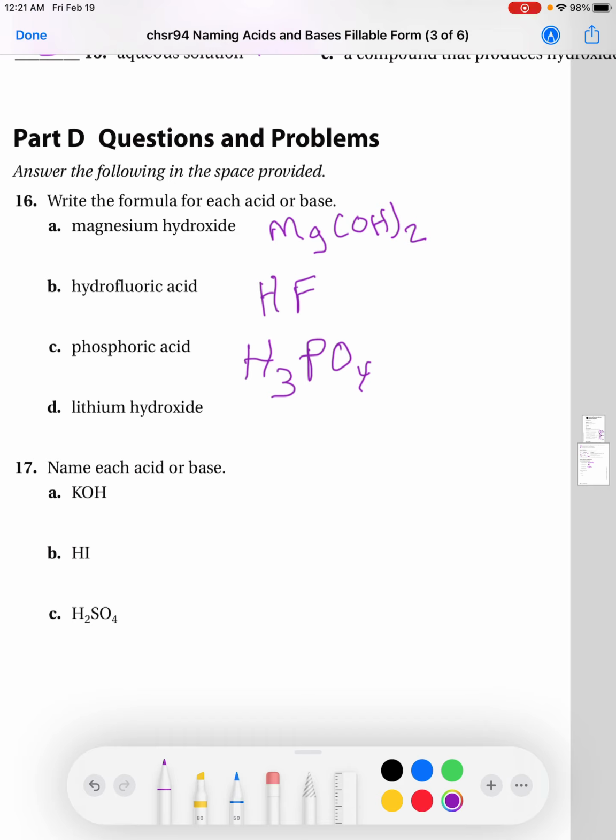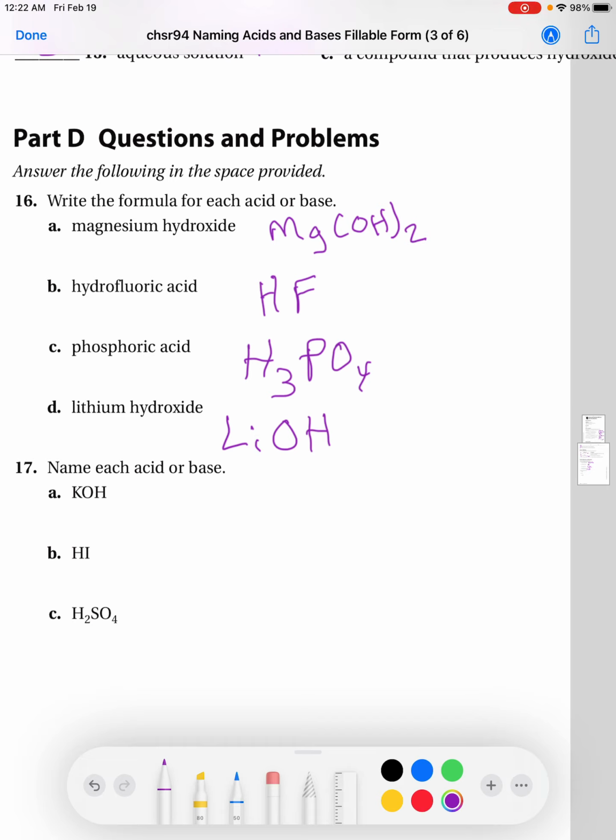And lithium hydroxide would be lithium, Li, which is group 1, +1. Lithium is element number 3, a very small element with wonderful pharmacological effects, a first-line drug for treating depression, at least in the old days.